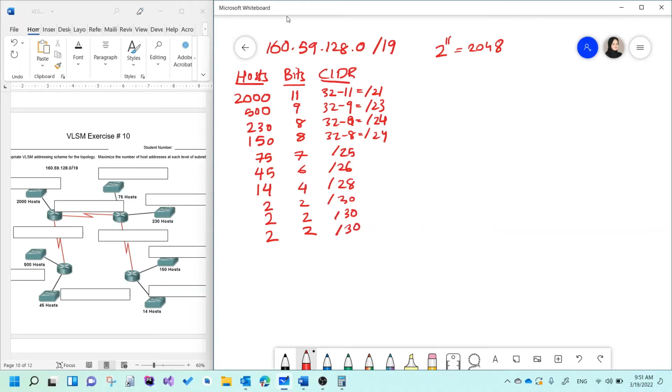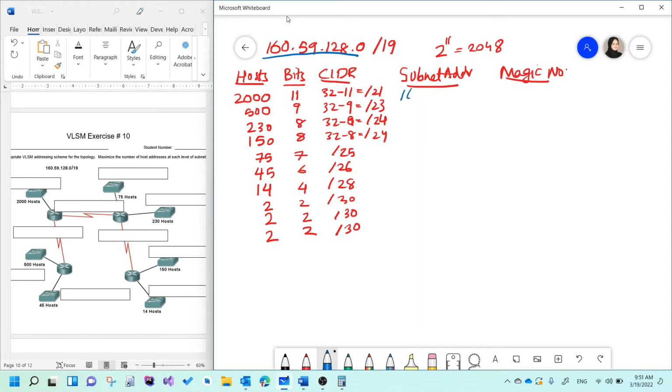These are your CIDRs. The next thing would be to figure out the subnet mask, subnet address, and then the magic number as well. So the first subnet address, like I told you earlier, would be the same one that is given to you in the question.